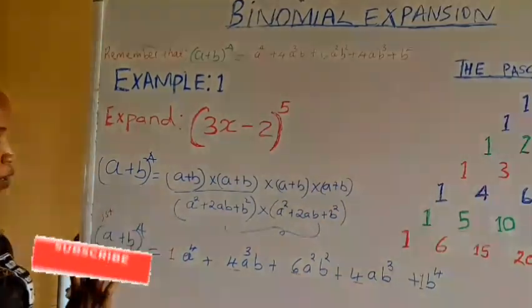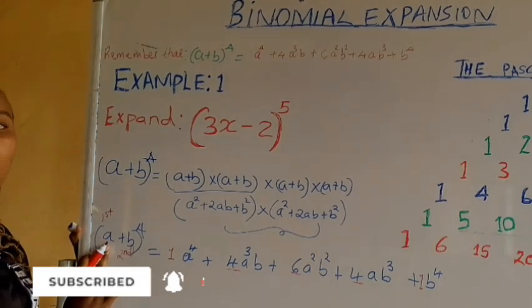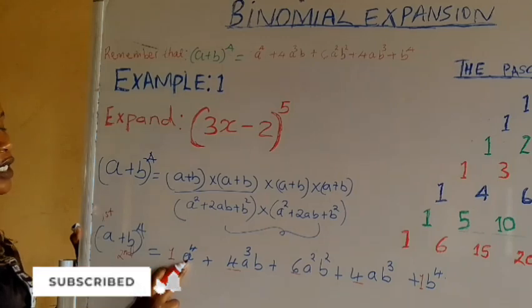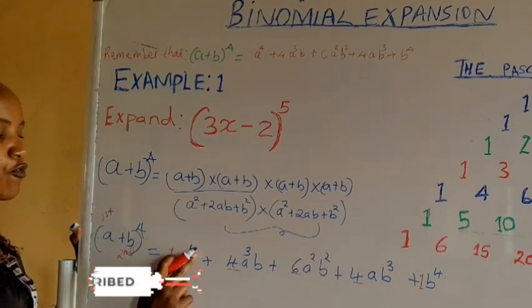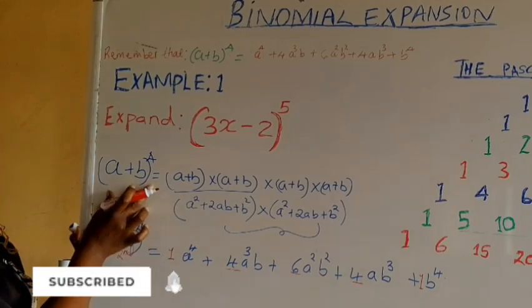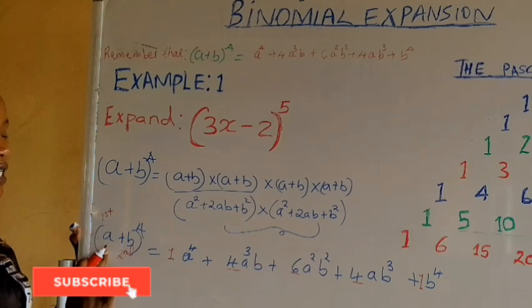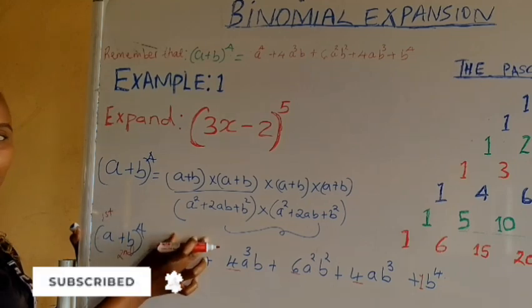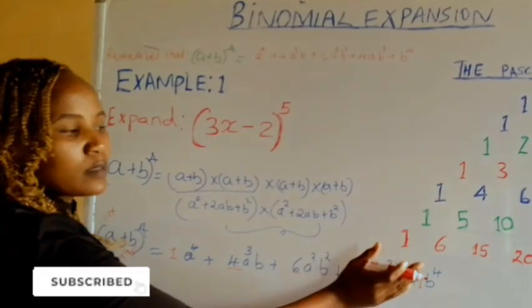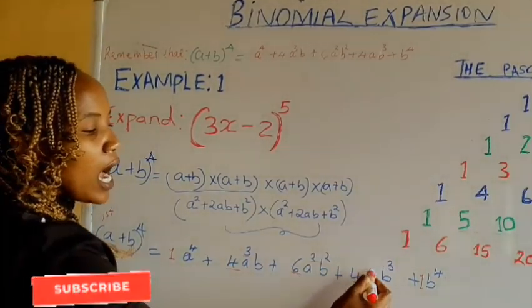Then we look at the power of the first term, which is A. The power of A is to the highest, the power of 4, which corresponds to the power of what we are going to expand. So the first term begins with the highest power, and as we go across the expansion, the power keeps reducing up to 0.